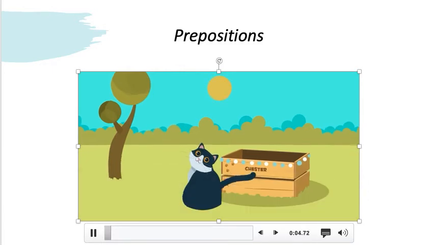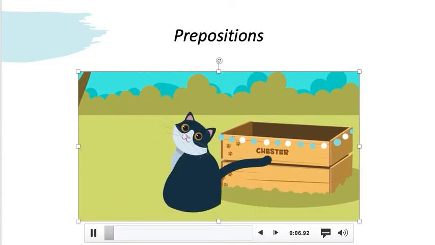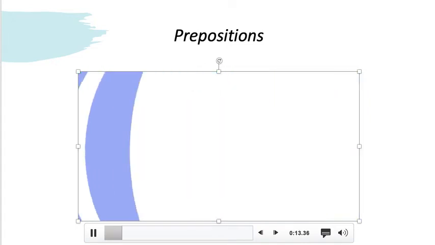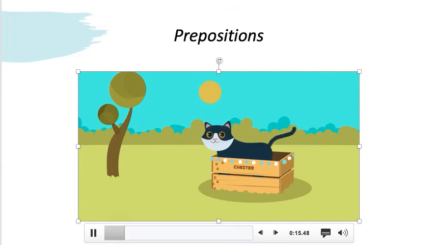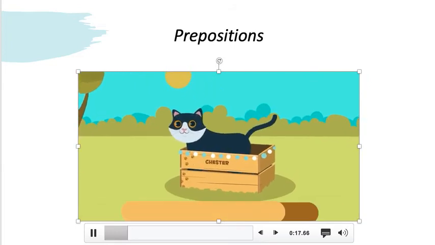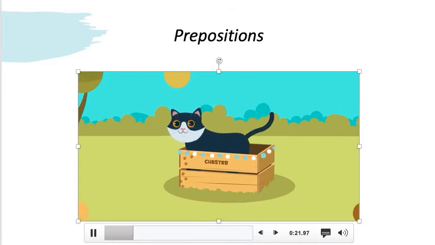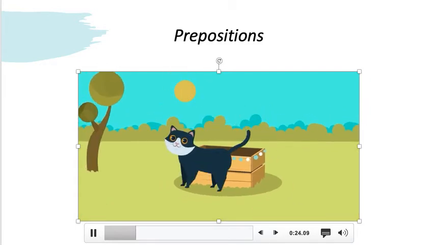Hello, friends! Today we're going to learn words that tell us where things are. Our friend Chester will help us. Where is Chester? Chester is in the box. He's in it. The cat is in the box. Where is Chester?